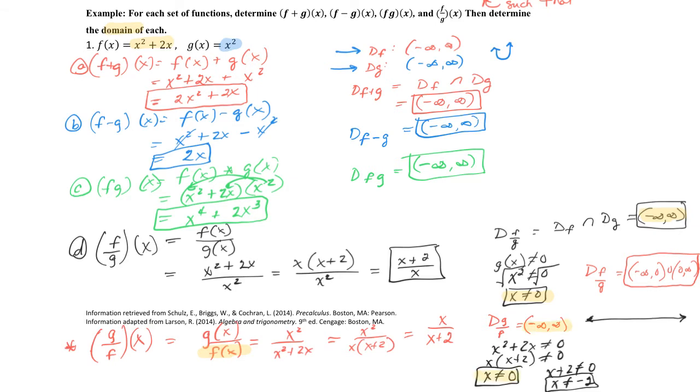But then I have these 2 additional restrictions that x can't be 0 and x cannot be negative 2. So 0, negative 2. But it can be anything else. So the domain of g divided by f, I'm going to run out of room here. Let me do it this way.